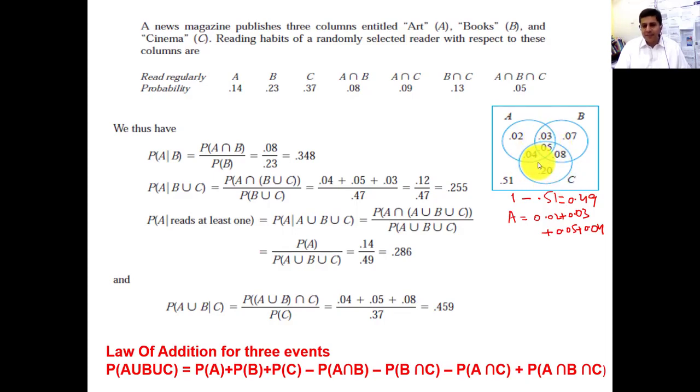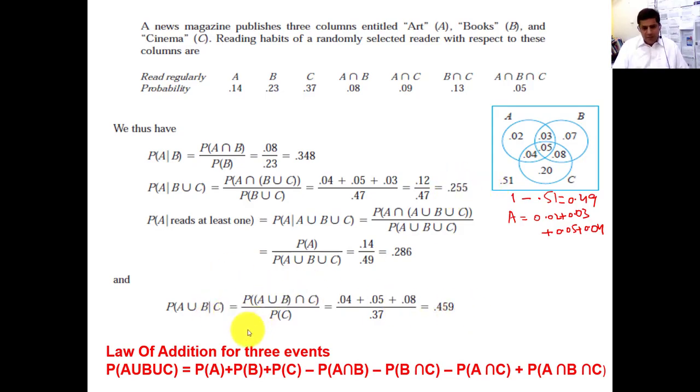What will be common in this? This will be common, this will be common, and this will be common. So 0.04 plus 0.05 plus 0.08. In this way we will write the sum of this and divide by the probability of C. The probability of C is already mentioned, which is 0.37. So we will write the answer.